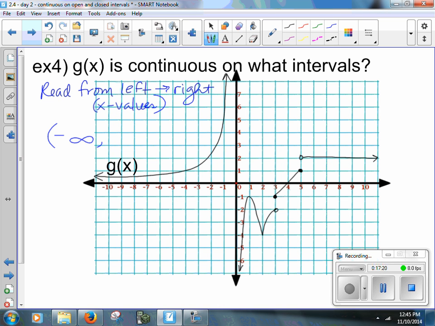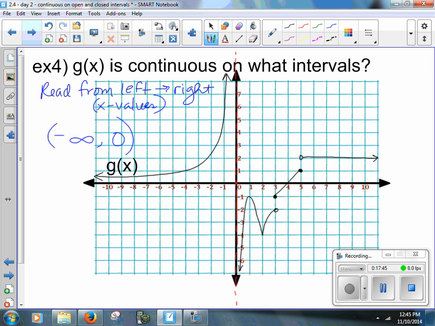Where does it look like it's approaching? Do we agree that it's probably approaching 0? There's probably an asymptote on that y-axis. You can't even see it, but you know it's there. So, negative infinity to 0.